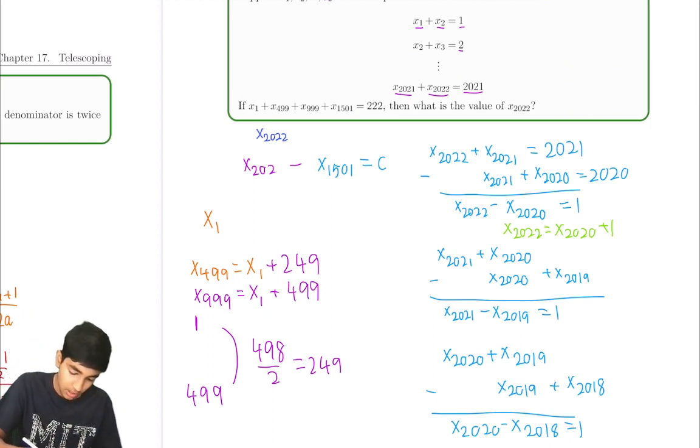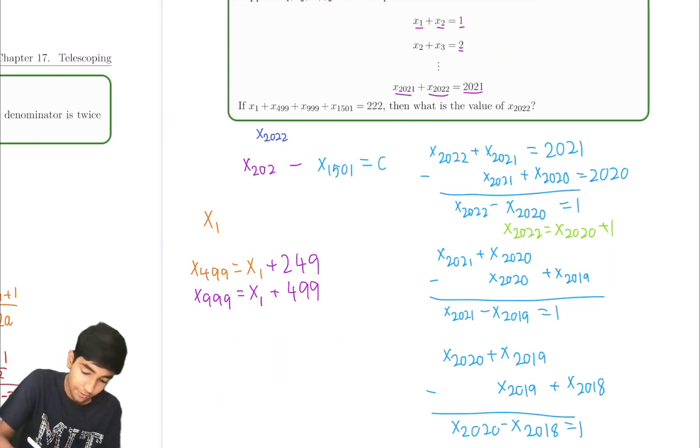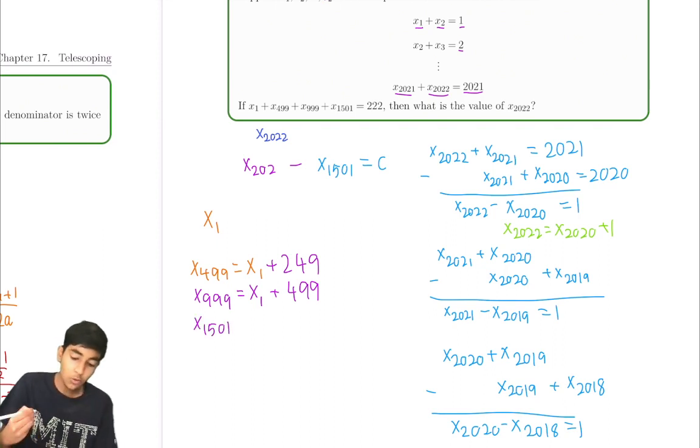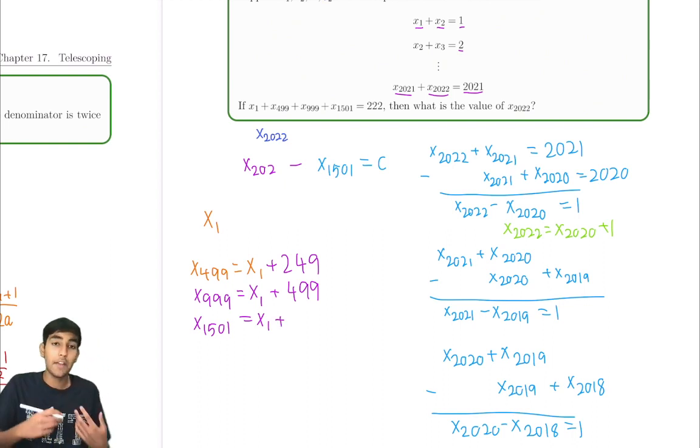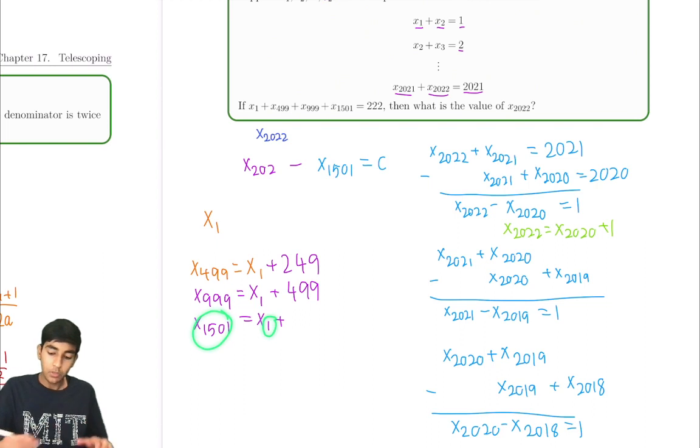Let's erase this. x of 1501 is equal to x of 1 plus, we're going up by 1500 in the subscript, right? So remember, for every 2 we go up 1. So plus 750.